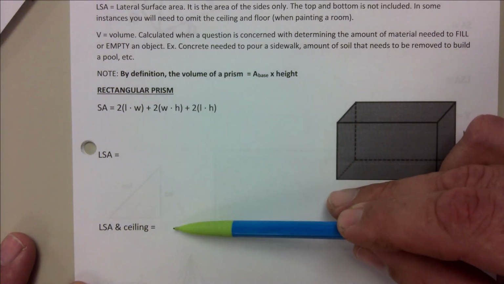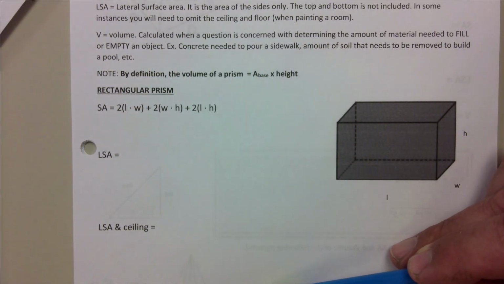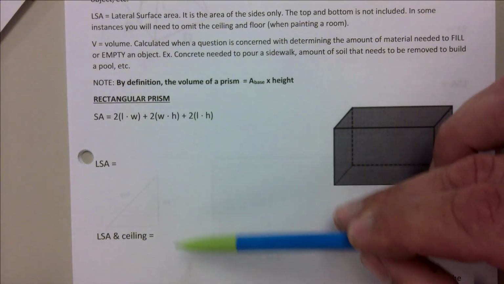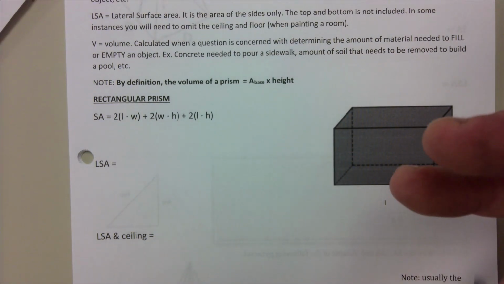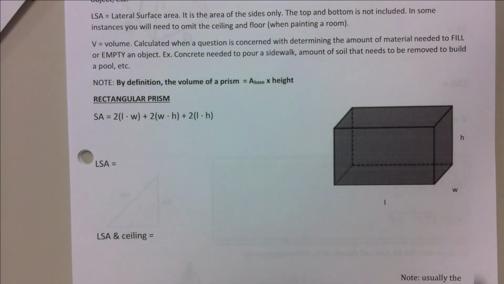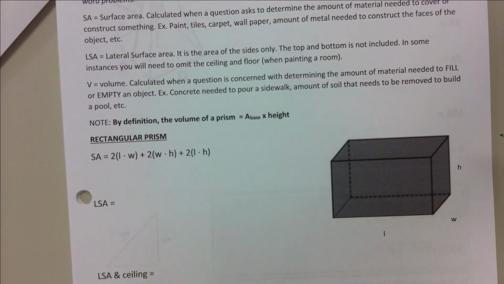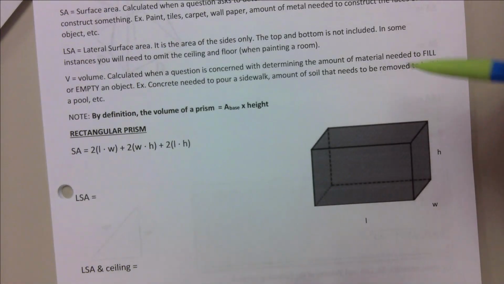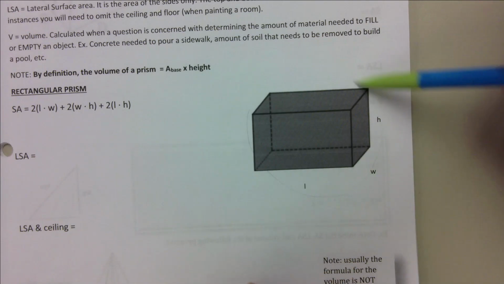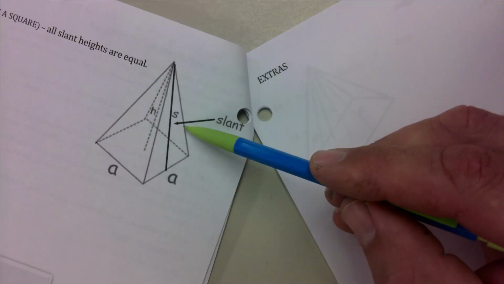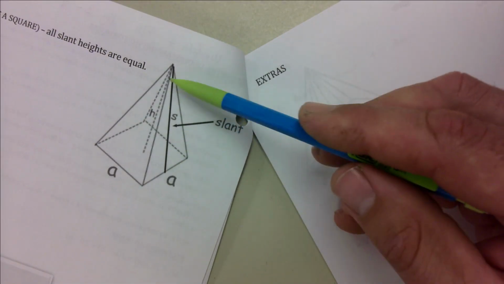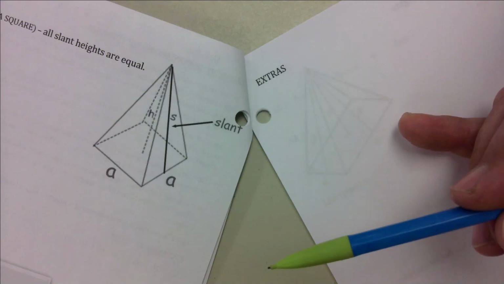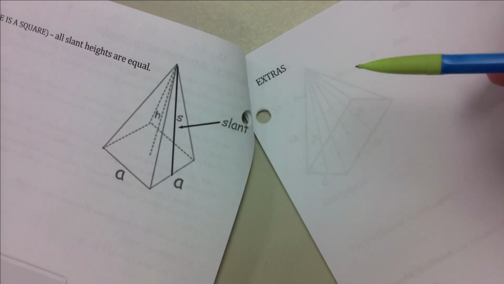I need you to have all these formulas filled in at the very least. I explain how the formulas are built, how they're put together, and it is a very important start to our next section, okay? To understand how a box works, a rectangular prism, to understand how pyramids work, what is a slant, what is a height, all those things.